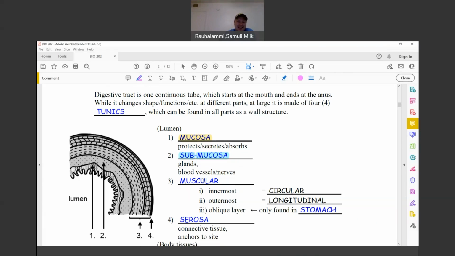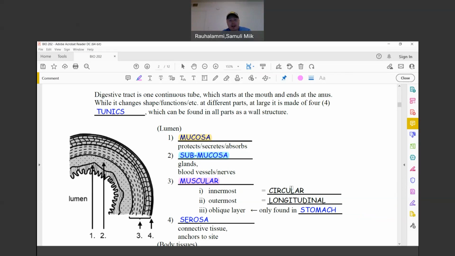The next layer, shown on this diagram with the number 3, and you can actually see 2 separate layers within number 3, is our muscular layer. The muscular layer controls the diameter, length, and movements within the tube of the digestive tract. We typically have 2 layers there.